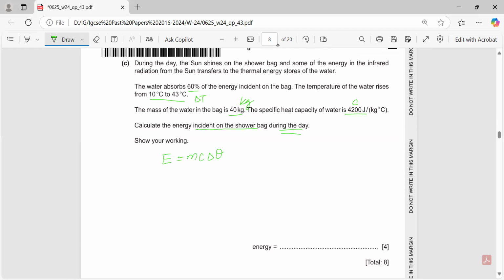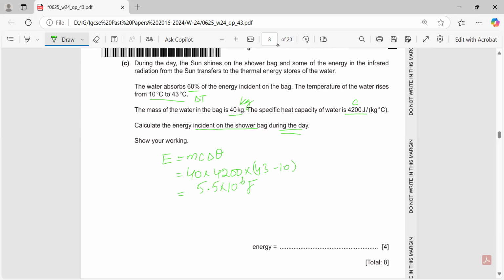Now mass is 40 kilograms, c is 4200, times delta theta, that is 43 minus 10. So let's calculate the answer: 40 times 4200 times 33. It is 5.5 times 10 raised to power 6. So energy comes to be 5.5 times 10 raised to power 6 joules.